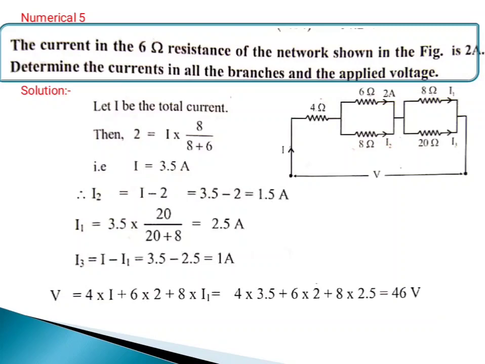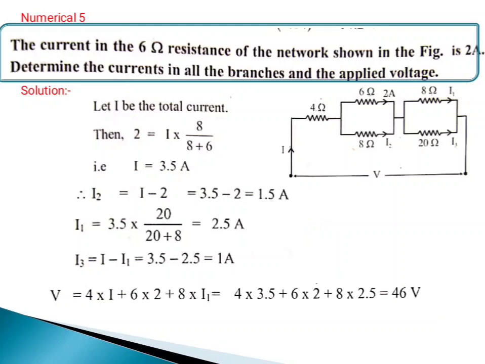The branch current I1, 2 amps, is equal to the main current into the opposite resistance divided by the sum of the two. So 2 is equal to I into 8 divided by 8 plus 6. So we got the main current, 3.5 amps. Then I2 can be easily found, because 2 amps is flowing here and the total current is 3.5 amps, so I2 is 3.5 minus 2, 1.5 amps.